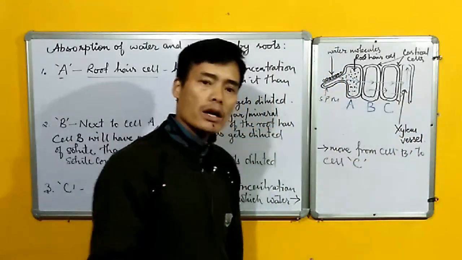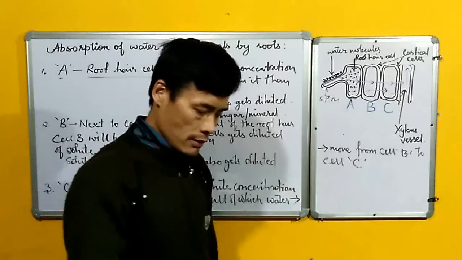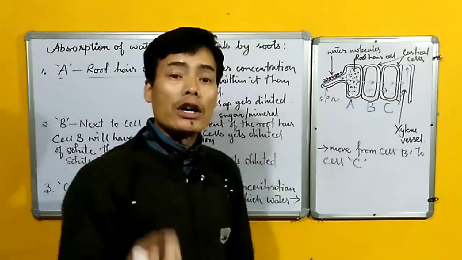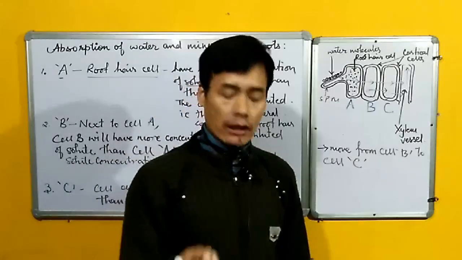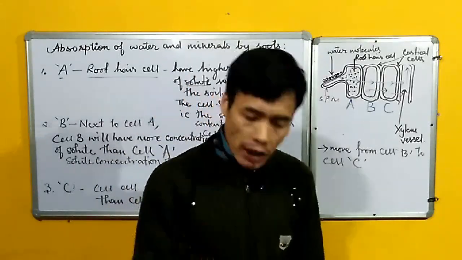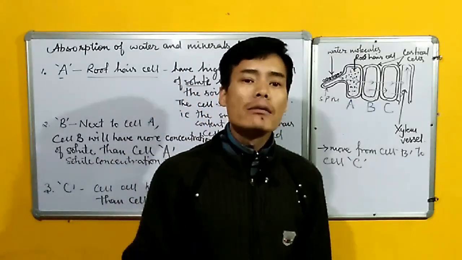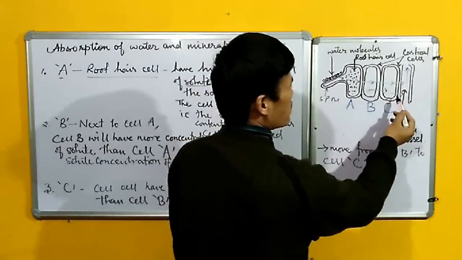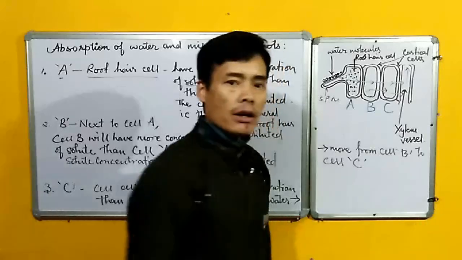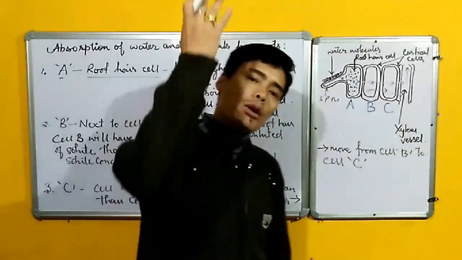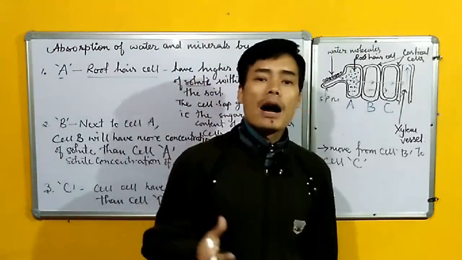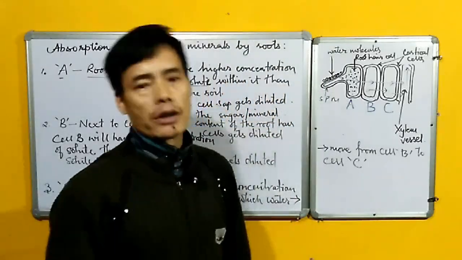And once water reaches the xylem, as we all know, xylem is a conducting tissue in the plant body which conducts water and minerals. So, as the water reaches the xylem, it conducts the water from the root into the aerial parts of the plant body.